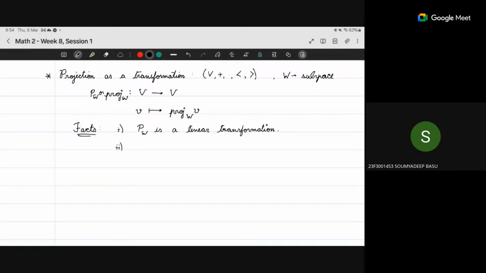Yeah, it's the kernel and the image. So what do you think is the image of projection onto W? Would be a subset of projection, sir. Subset of projection is an operation. So what do you mean by subset of projection?